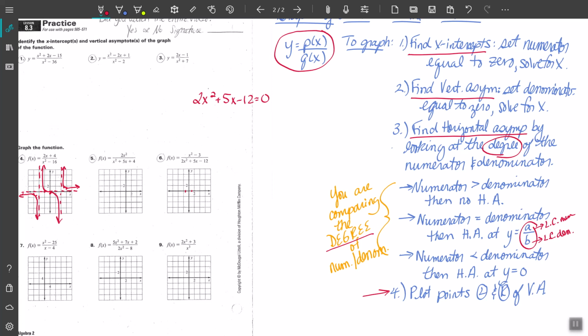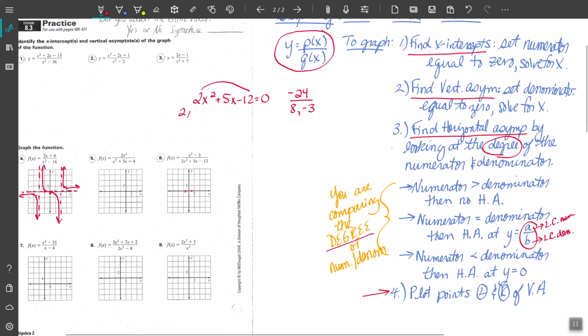So this is when I have to multiply the lead coefficient and the constant together, so the 2 and the negative 12, which will give me negative 24. And so now I'm looking for factors of negative 24 that will add to 5. So 8 and negative 3 will work.